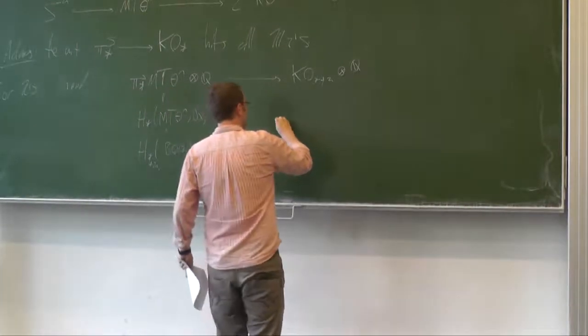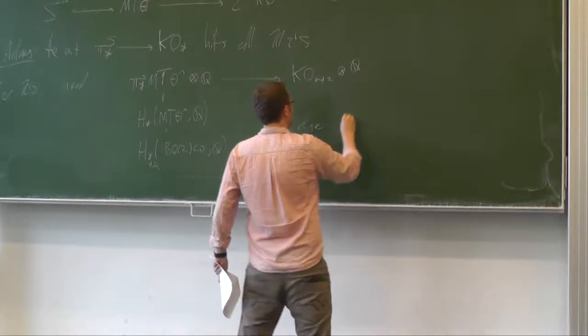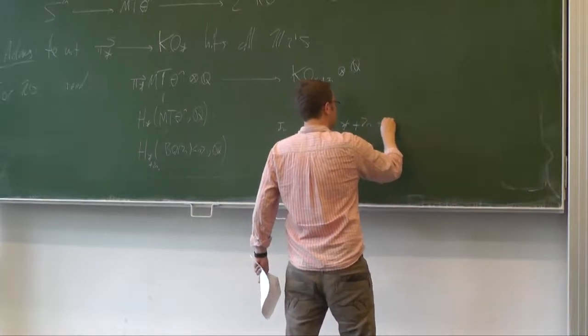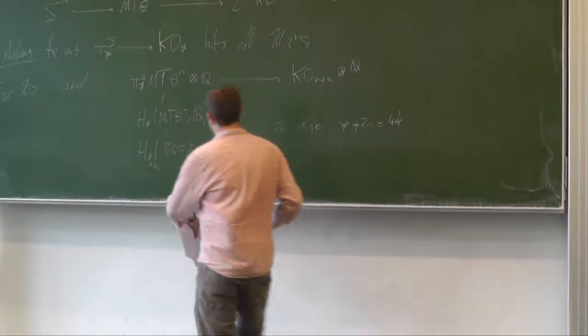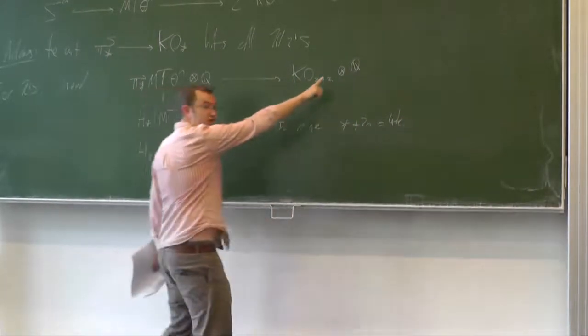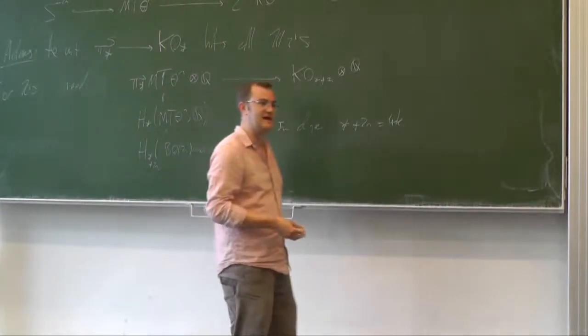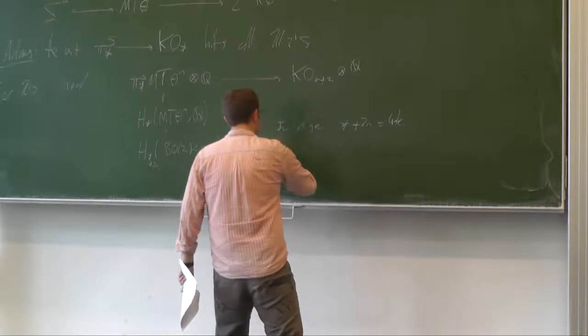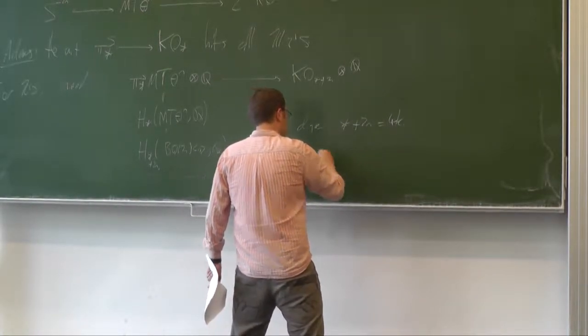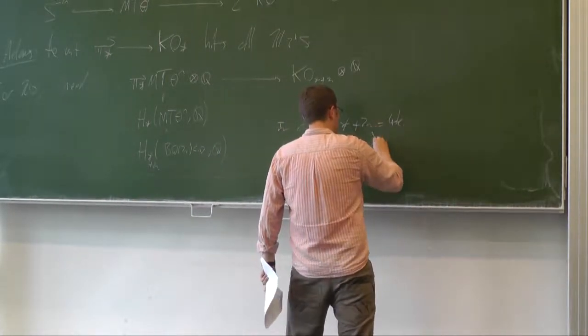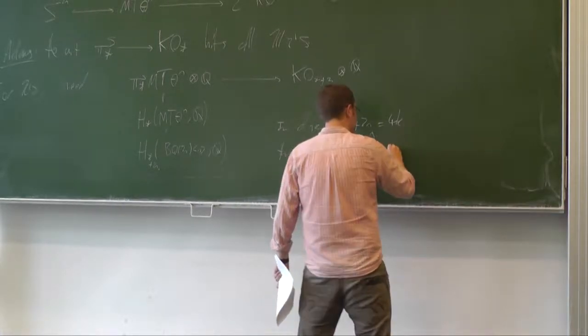So in degree where star plus 2n equals 4k, this is a map from rational homology to Q, i.e. it's a cohomology class, and which cohomology class is it? Well, it's the A-hat genus. This map is A-hat_k.